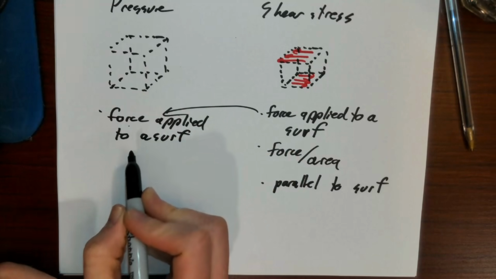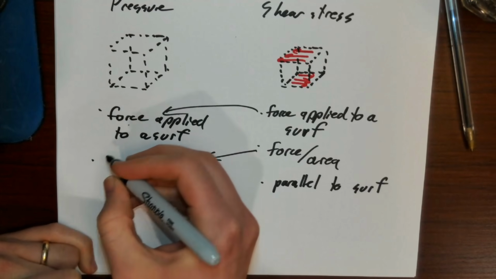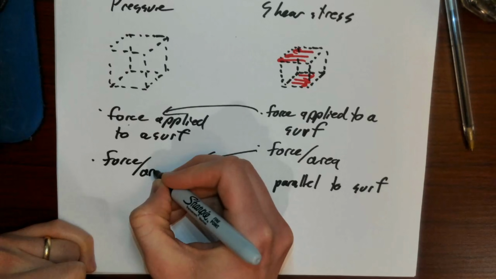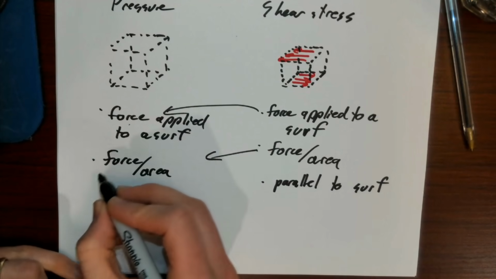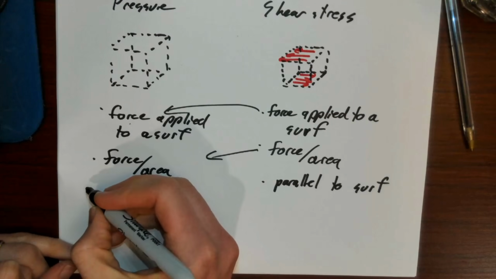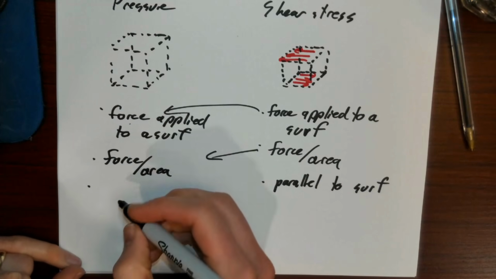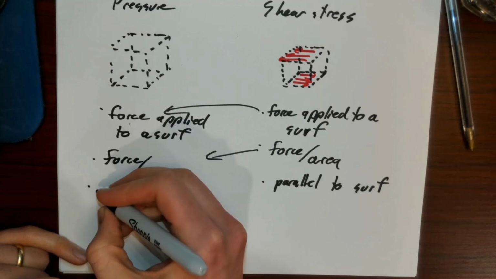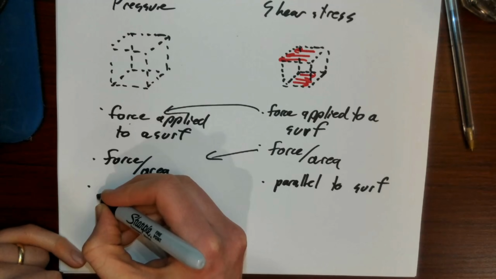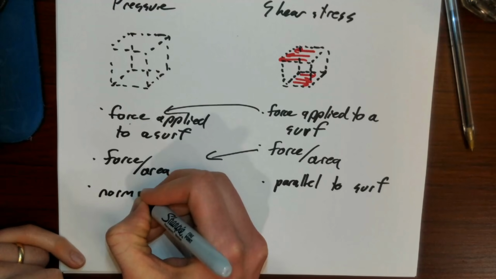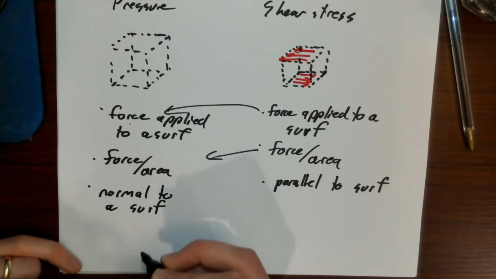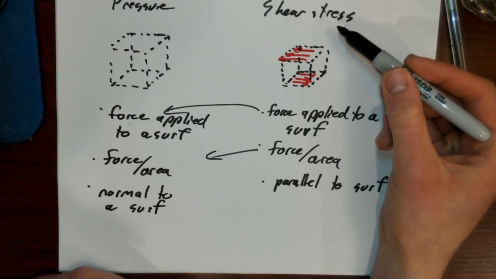It still has units of force per area, but the key difference between pressure and shear stress is pressure is associated with forces normal to the surface, right? So there we have it.